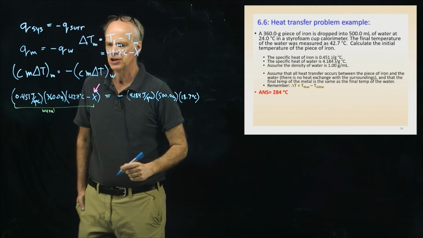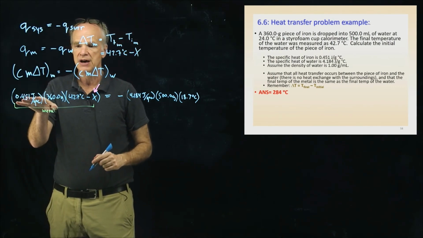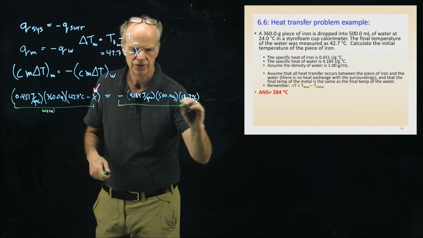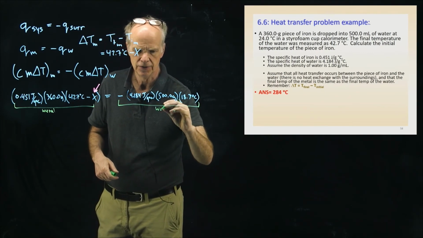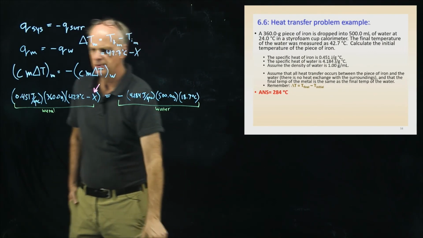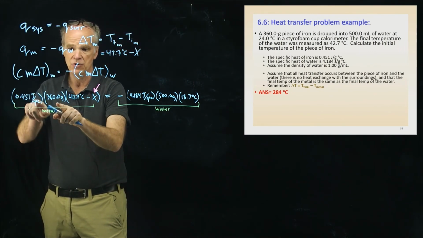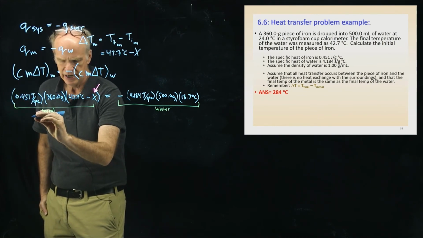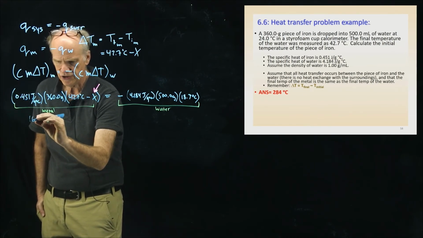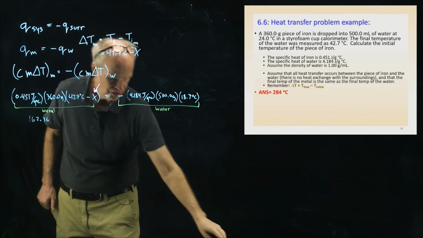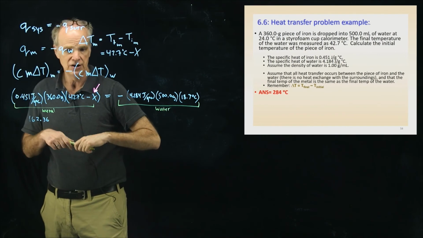Okay, so here we go. So let's go to the metal side here, and let me just indicate that this is the water side. Okay, so the metal side, let us go ahead and multiply these two numbers together. So I did this earlier, and what I got was 162.36. Now, what are the units?